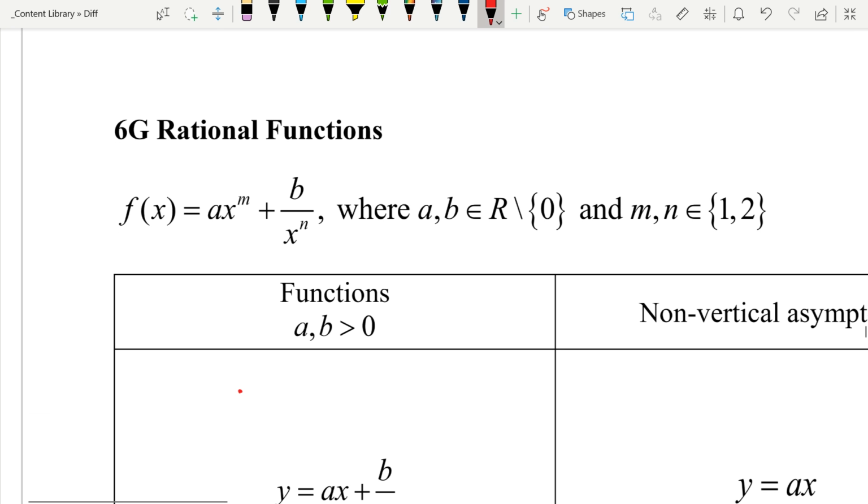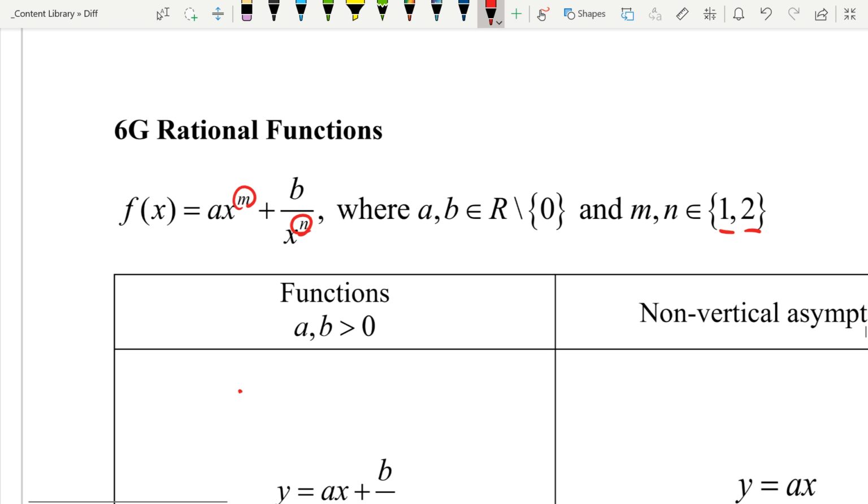This whole part can be linear or quadratic, because m can be 1 or 2 and n can be 1 or 2. And we add the fraction: the top is a constant and the bottom can be linear or quadratic. So the power is either 1 or 2 here.